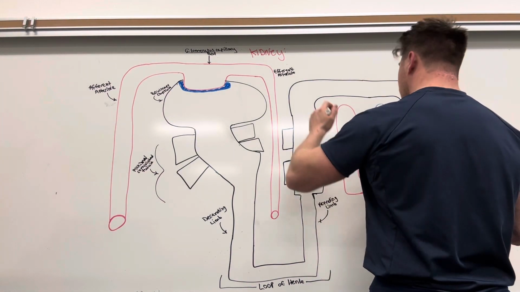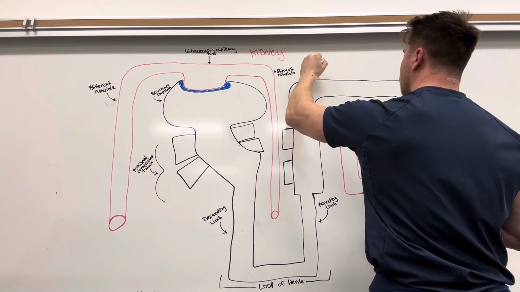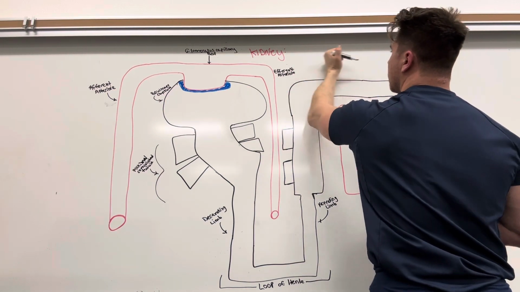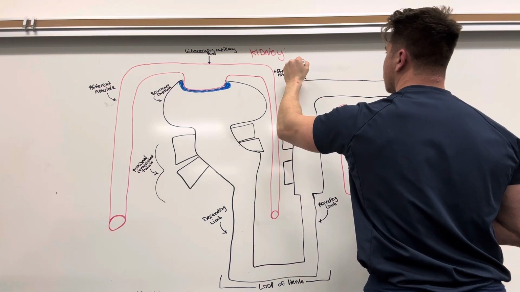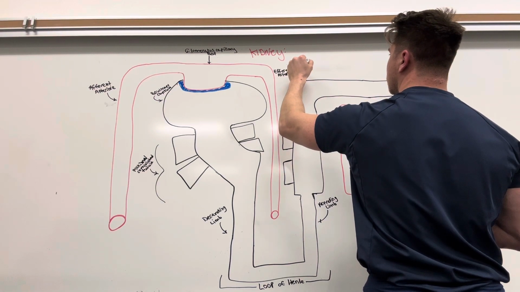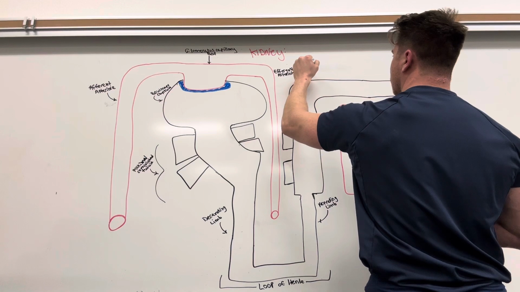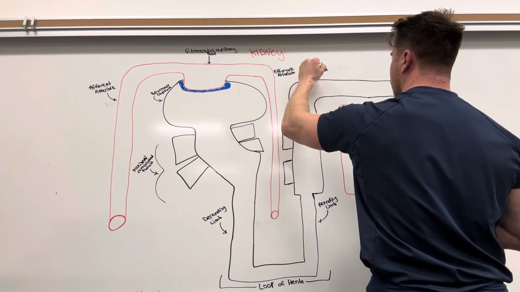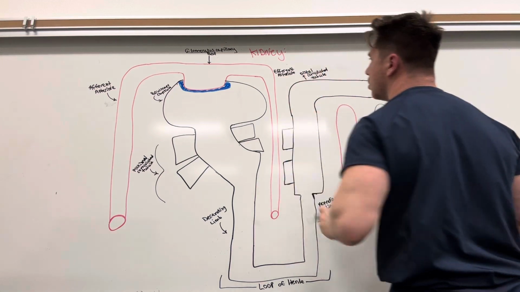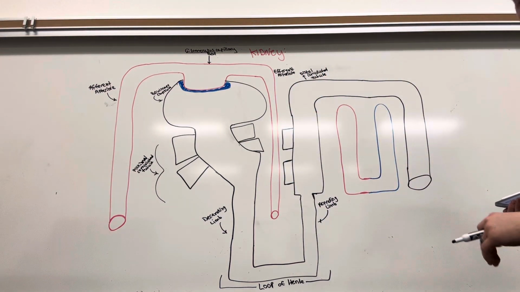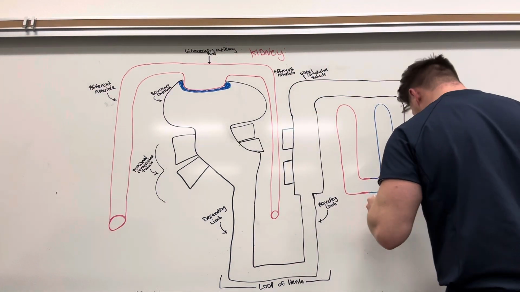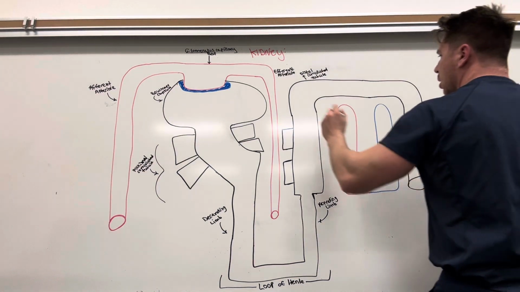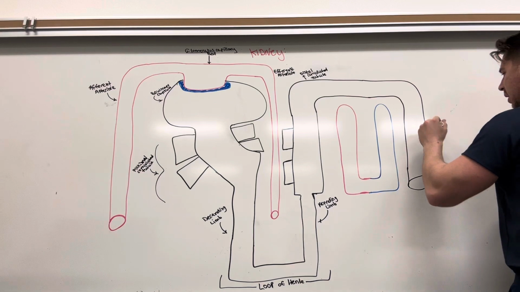This is the distal, actually, I don't want to write it right there. I'm going to be needing that space. So this right here would be the distal convoluted tubule. Okay? So that would be that section there, and then this would be the collecting duct.